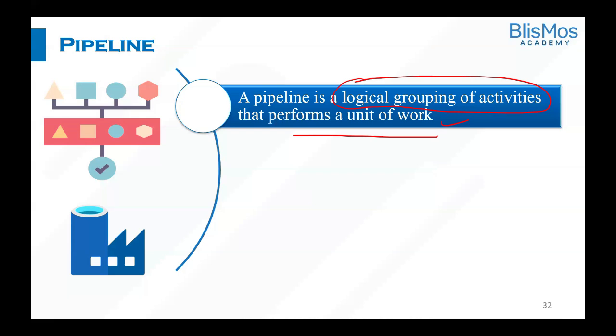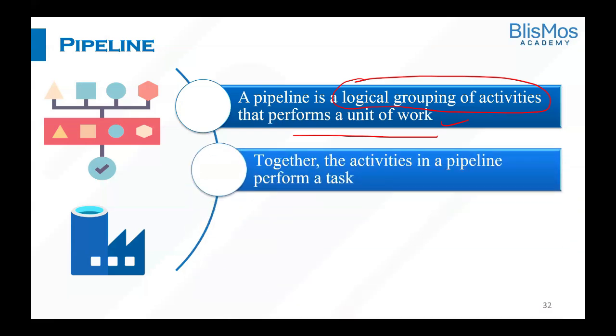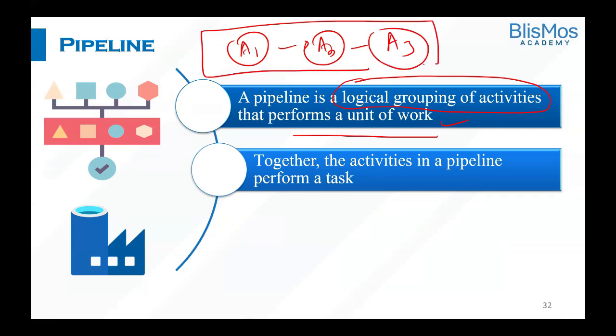Okay, that is a pipeline. So together the activities in a pipeline perform a task. When you have activity 1, activity 2, activity 3, they are synced together to perform a task. Together these activities create a pipeline.